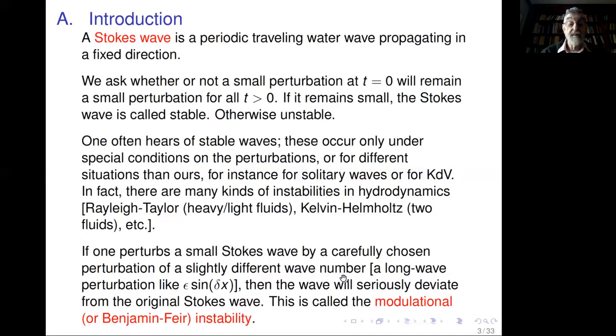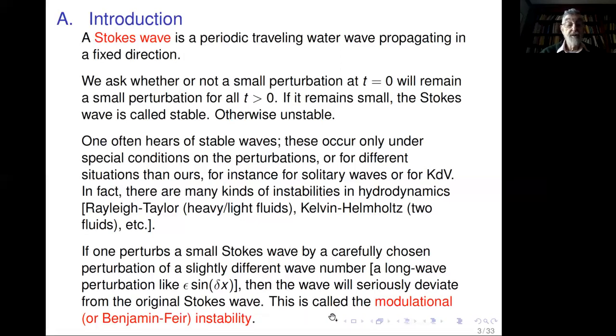Here's sine of delta x, where delta is small. That's a slightly different wave number. That's the perturbation. And the whole amplitude is small, that's the epsilon. And then the claim is that a Stokes wave will be unstable. It will seriously deviate from the original wave.